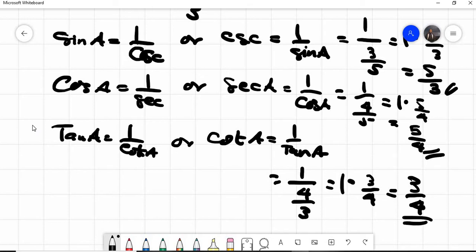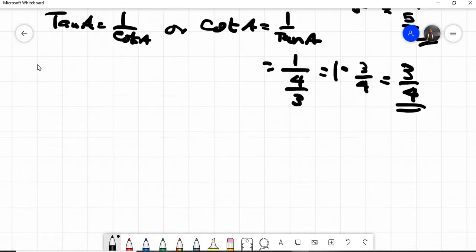That's the ratio. So now we've accomplished how to do all 6 trig ratios. This is going to help us when we're learning trig proofs. So that's the first example.